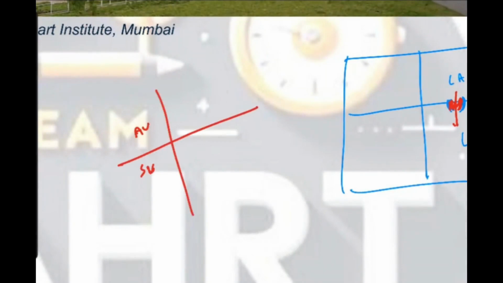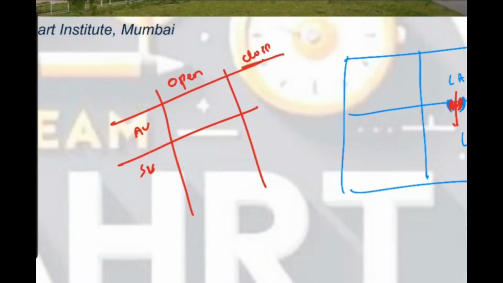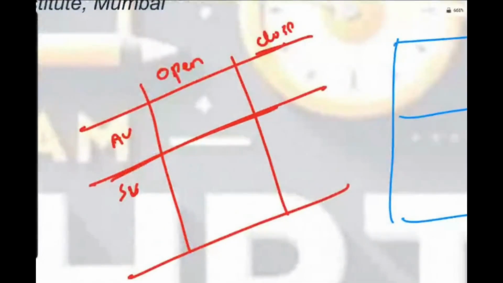The AV valve remains open in diastole, and the semilunar valve opens in systole.